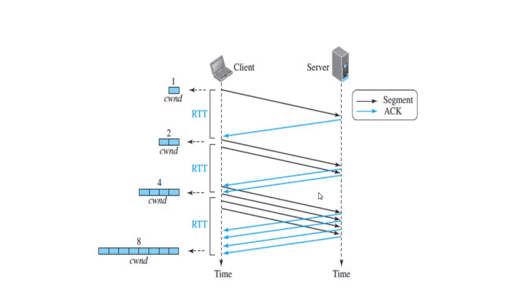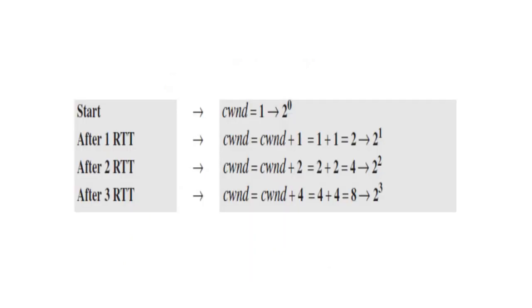This is the mechanism we follow, and schematically we can easily understand it through this diagram. This exponential increase helps us manage the flow through different nodes available in the network. So this was represented in this form: after one round trip time, what is the nature of the congestion window and how it is getting incremented.